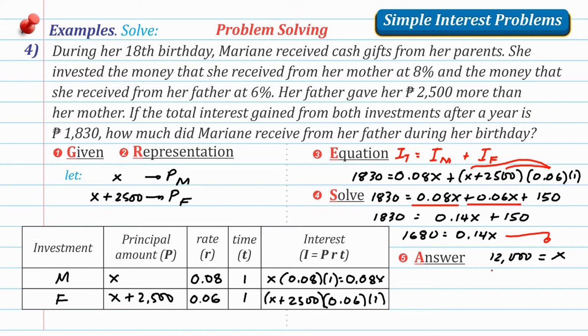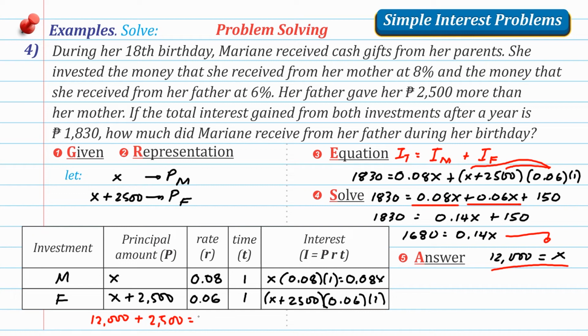Okay, be careful. Yan na ba yung sagot? Ano ba yung hinahanap? How much did Marian receive from her father during her birthday? Is X or does X represent yung binigay ng father niya? No, it's X plus 2,500. Buti na lang we represented it. So, solving or substituting, we have 12,000 plus 2,500.